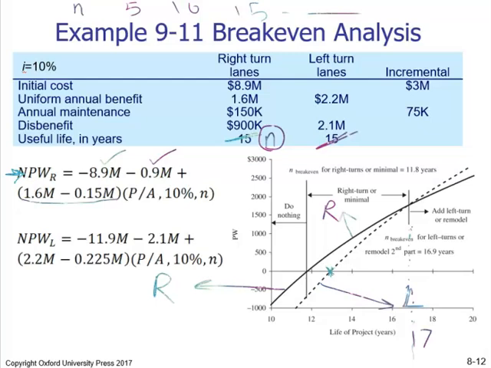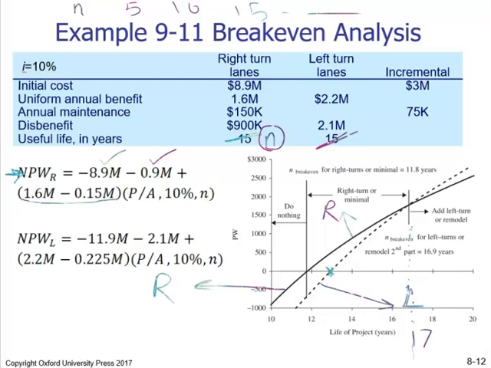Before 17, the right lane project has higher net present worth. So if the age of the project is between 12 and 17, right turn lanes should be chosen.